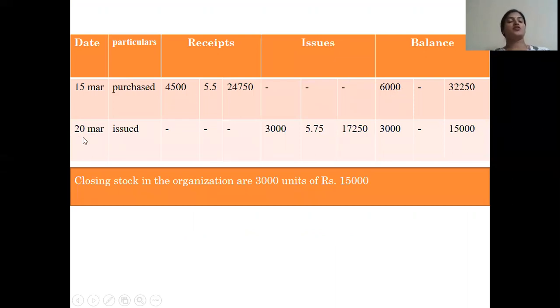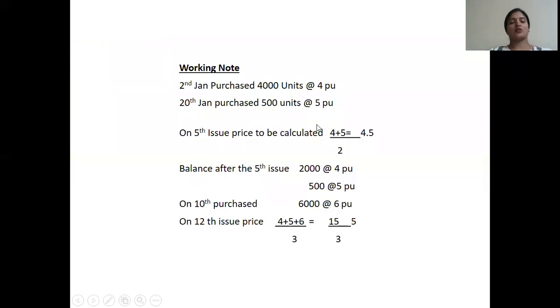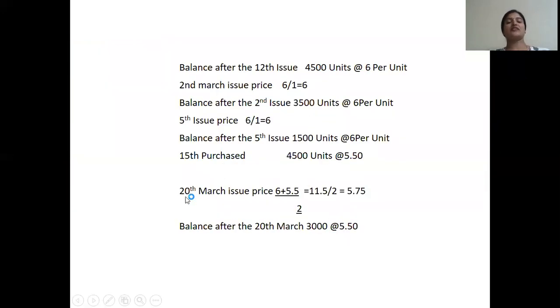Now, on 20th March we have issued. How many units should be issued? 3,000 units should be issued. But what is the cost per unit? That we don't know. It needs to be calculated. Let us go back to the working note. Look here, that is the 20th March issue price. Now, what was the balance we had? 1,500 was the previous balance.